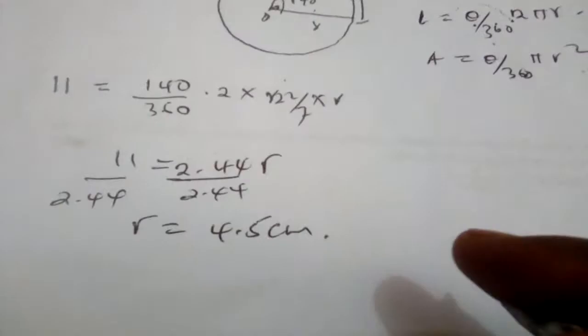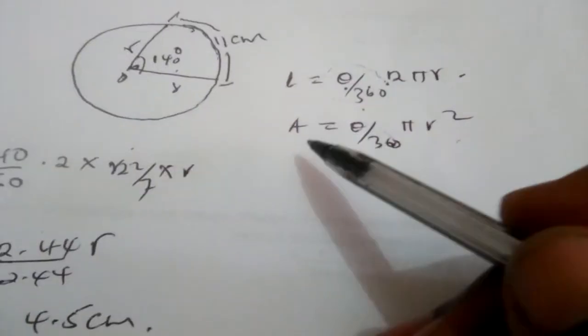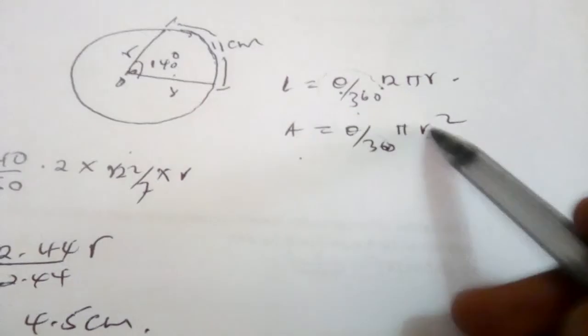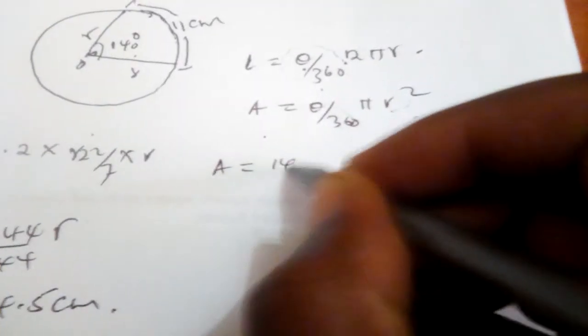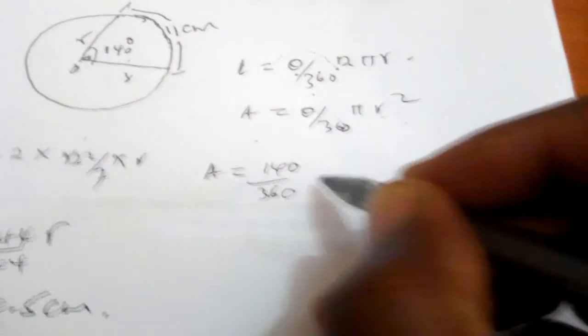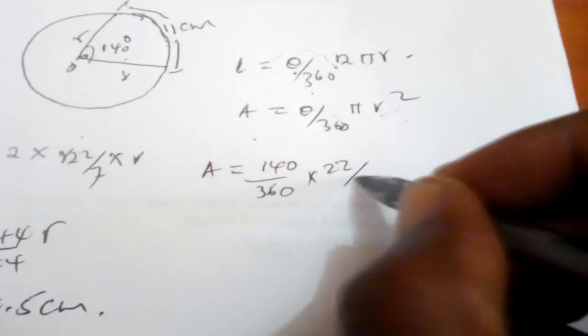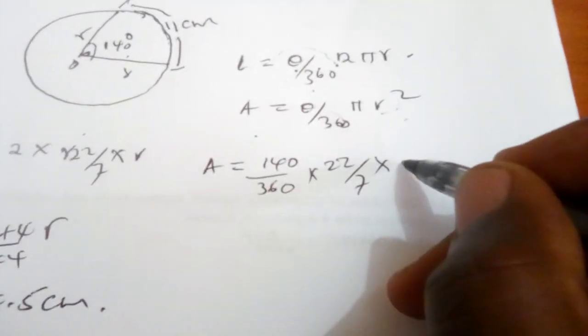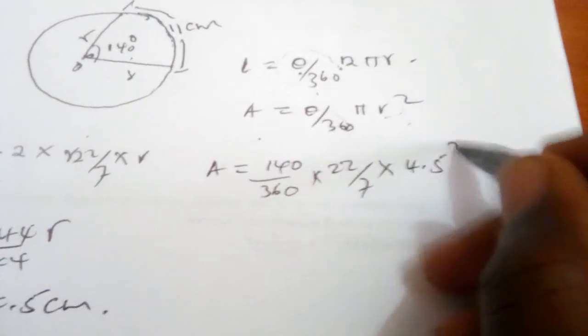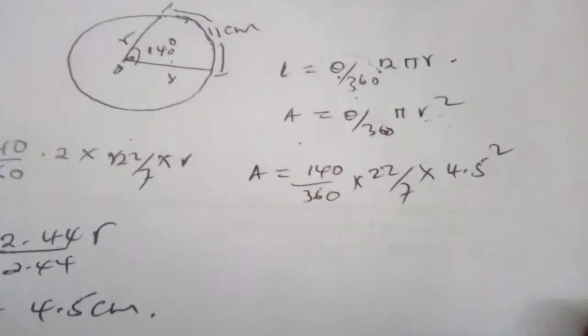So you already know the radius, so we can go and determine the area of the sector using this formula. Area is going to be theta, 140 over 360, times 22 over 7 times radius squared, the one that we have previously observed.